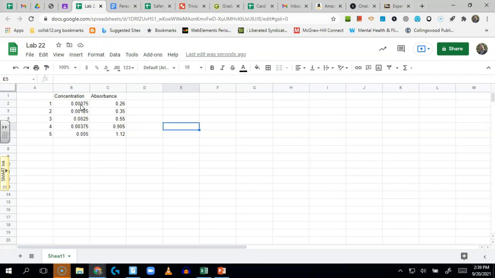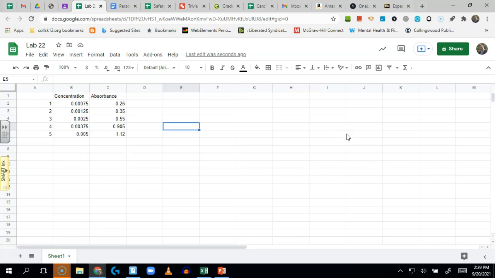Spoiler alert, these numbers should be the same for everybody. Nobody has any different numbers here for the concentration. What will be different is the absorbance here. This is the absorbance that I got from the lab. You did each of these things.